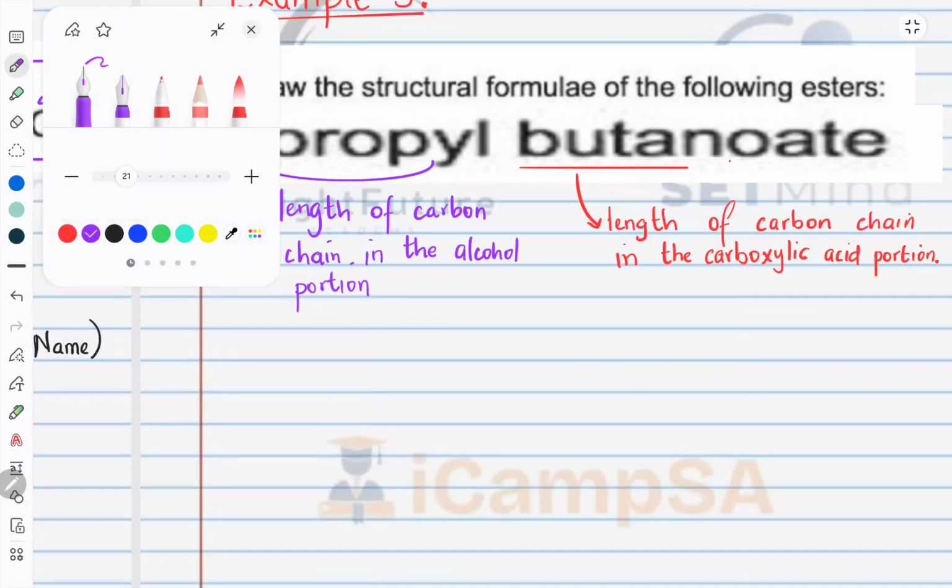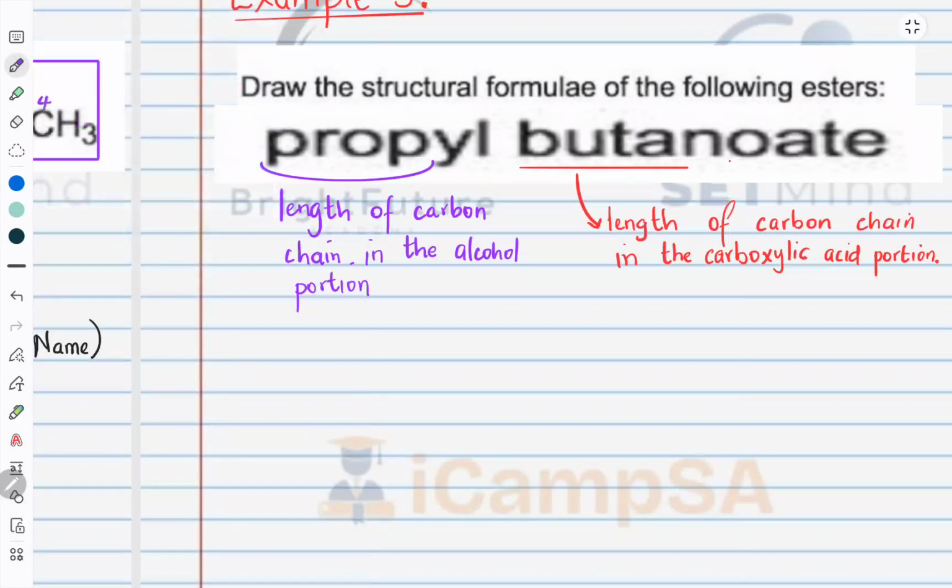So we can say that we have 1, 2, 3, right?